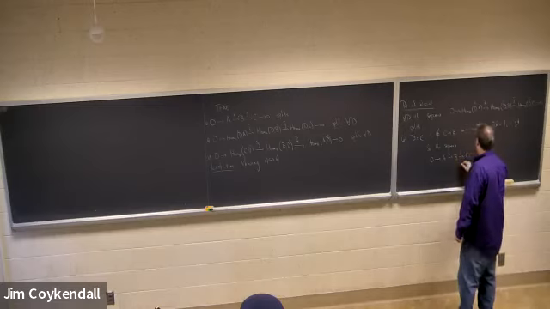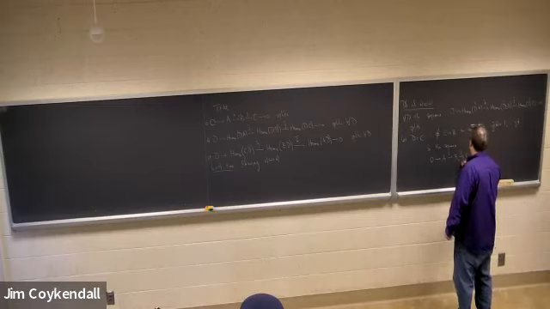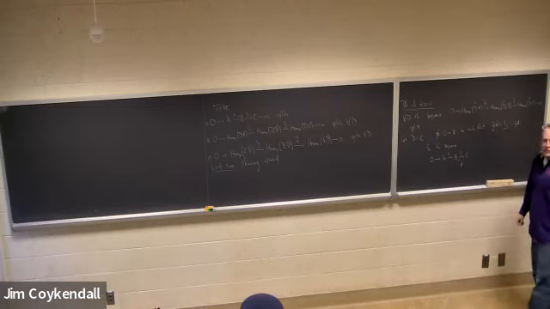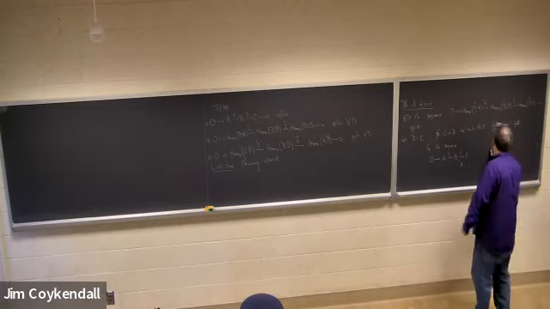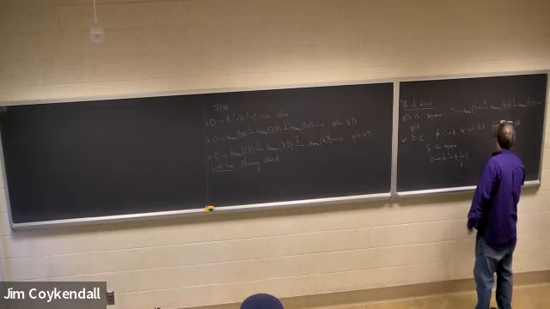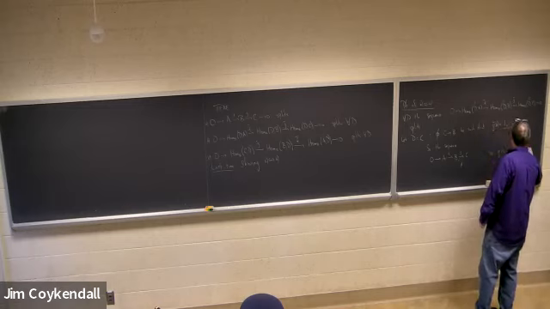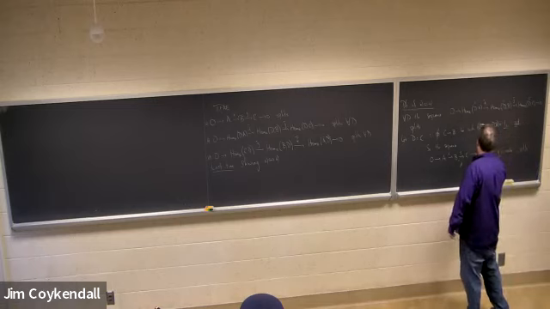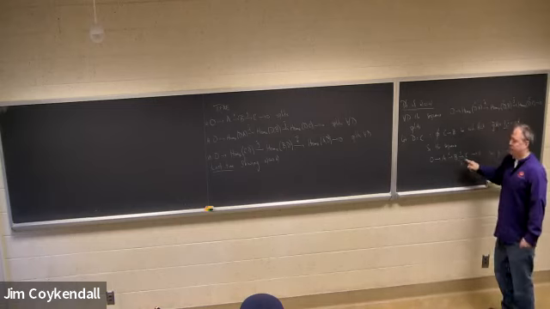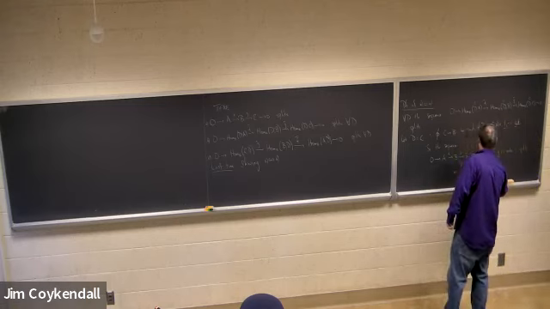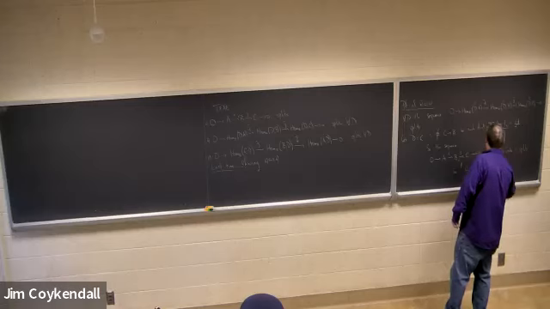We now have that there is a phi such that G phi is the identity on C. So G is onto and splits. So since this splits, this short exact sequence here splits.